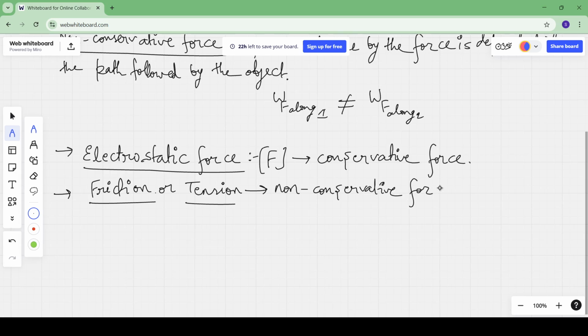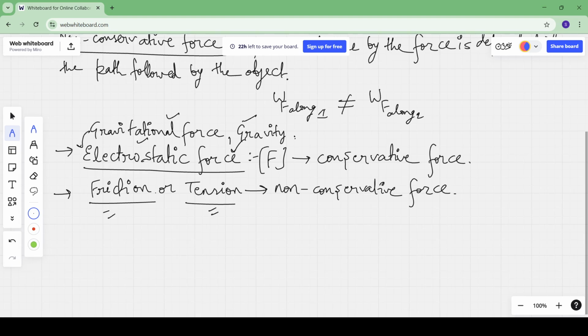So these are the basic examples. Also, along with electrostatic force, you can write gravitational force, or gravity. There is a difference between the two, which I will explain at a later time when I give the example. These forces are also conservative forces, and those others are non-conservative forces.